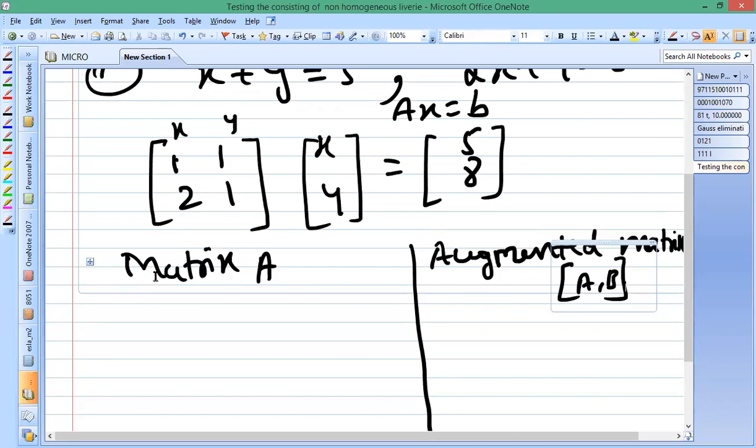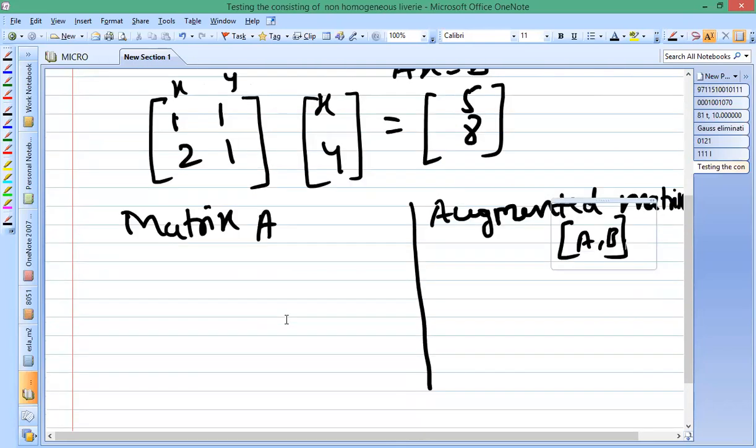I'll just repeat the sentence. Here just make two columns. One is for representing the matrix A and another one is for representing the augmented matrix A comma B. Augmented matrix means that along with the elements of matrix A, we also write the column of the right hand side, that is 5, 8, included with this.